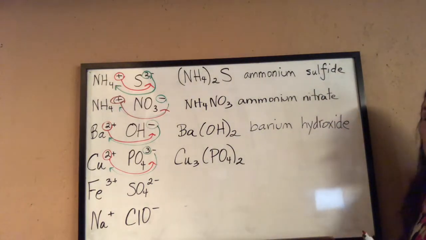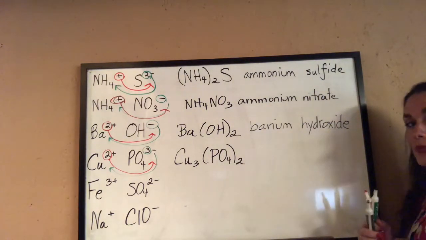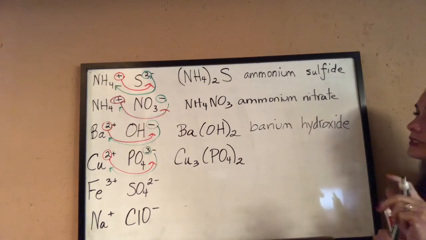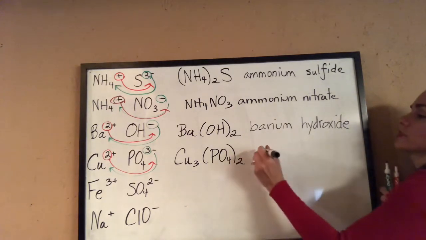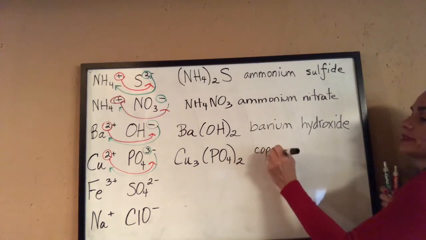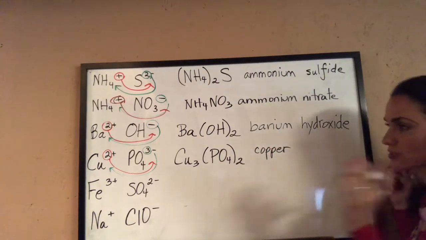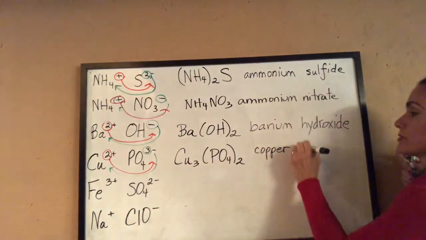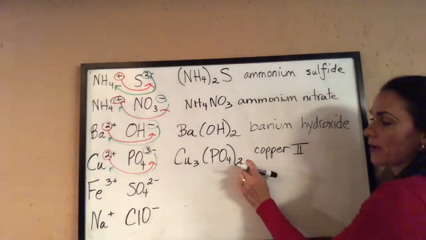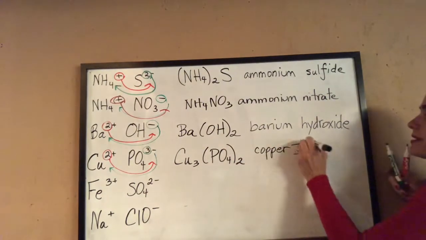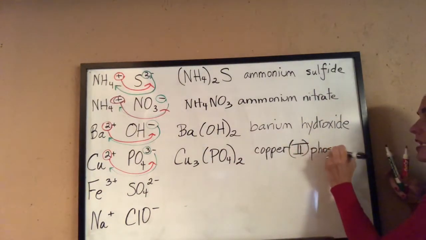Now we need to name this. Copper is one of those ions that could have more than 1 charge. So we look at our ion chart to assist us, or we could just look right at the ion right there, copper 2. Or you could just look here, that 2 came from here, copper 2 phosphate.